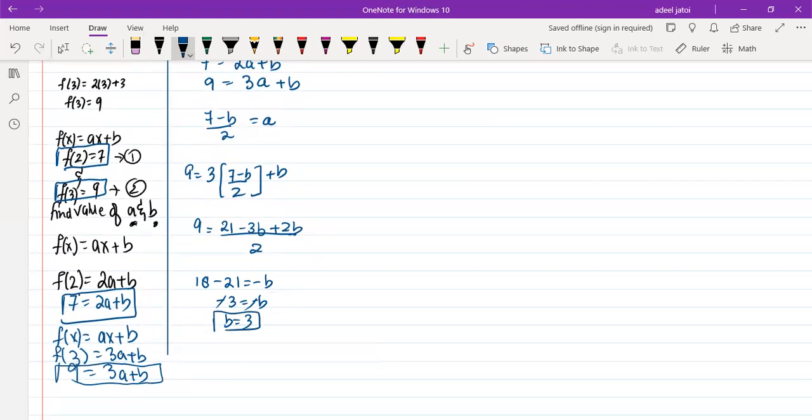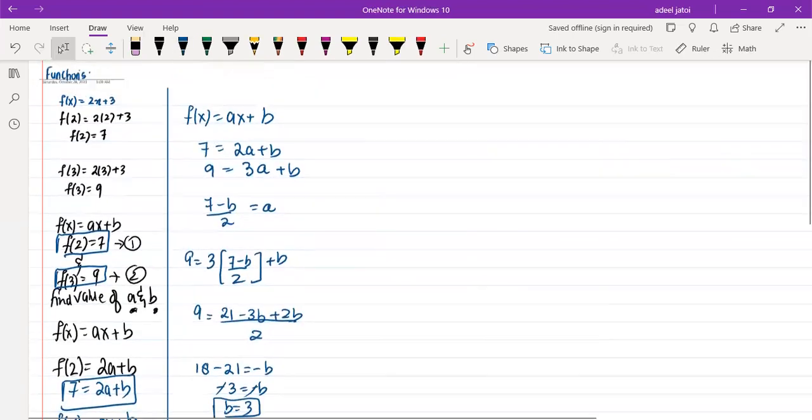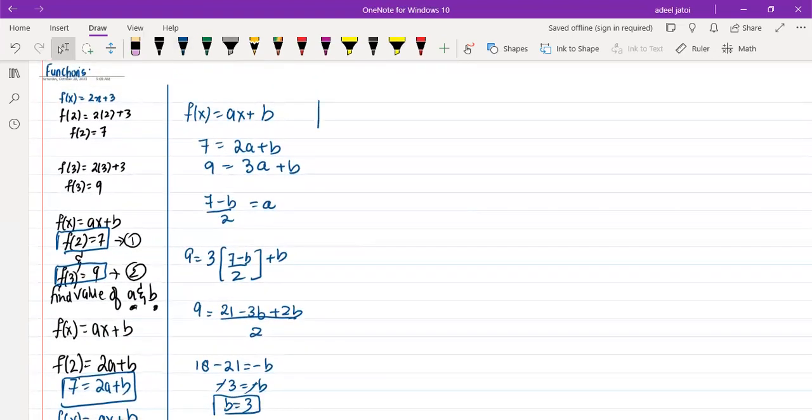Similarly, the first equation that I made the subject was a equal to 7 minus b upon 2, so let's just put 3 in it. So a is equal to 7 minus 3 upon 2. a is equal to 4 upon 2, which means a becomes 2. So initially, if f(x) is equal to ax plus b, I can write this down as f(x) is equal to 2x plus 3.